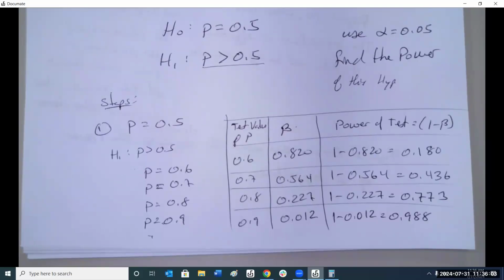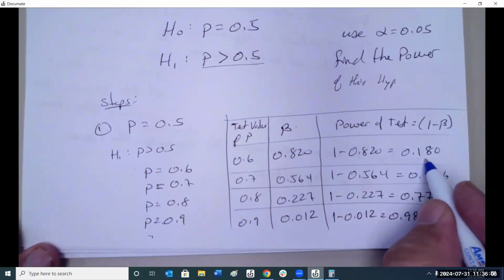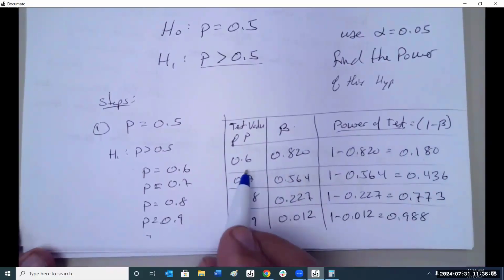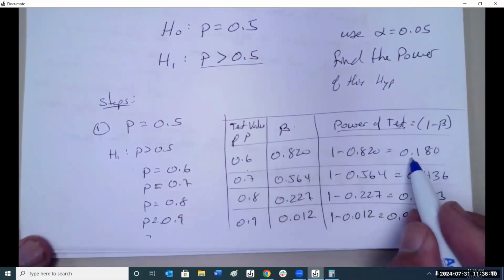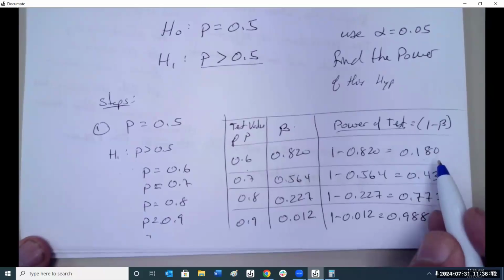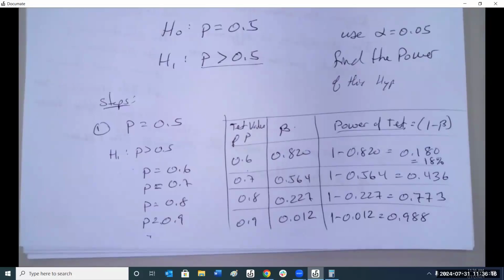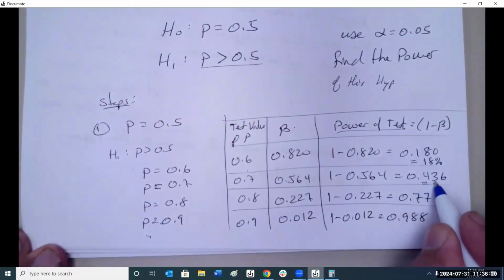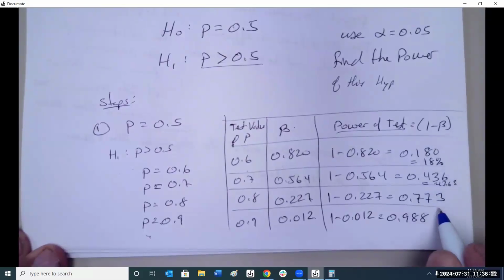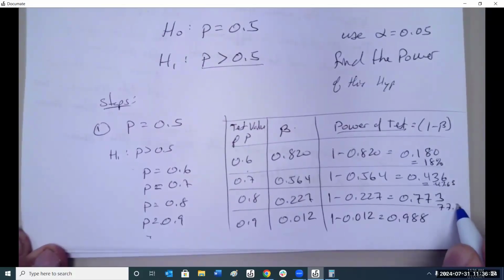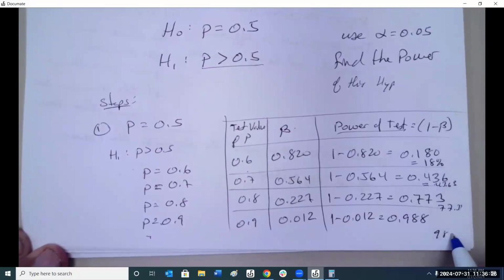So what does that tell us? What this tells us here, the power of the test at 0.06, 0.180, this is 18%. Not too good of a chance. 43.6%, 77.3%, 98.8%.